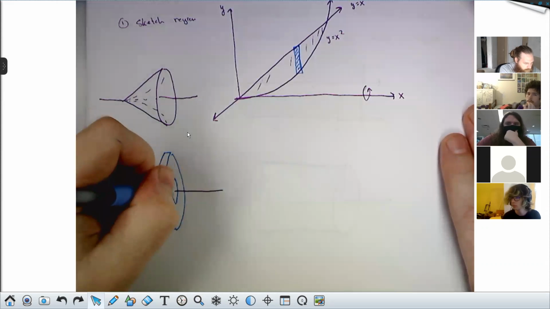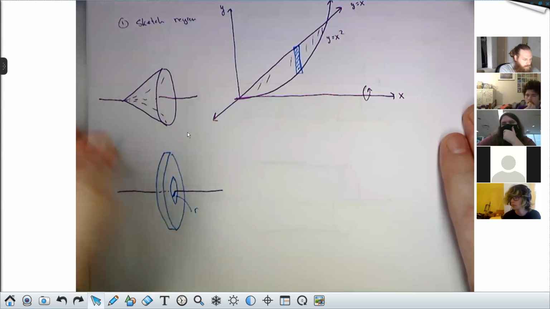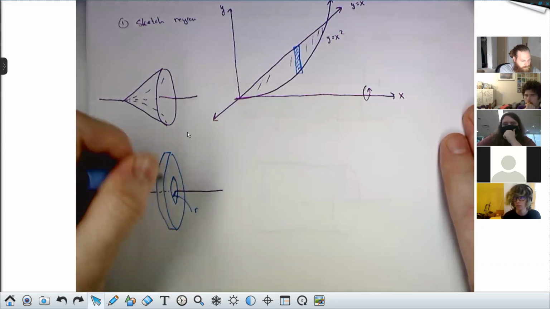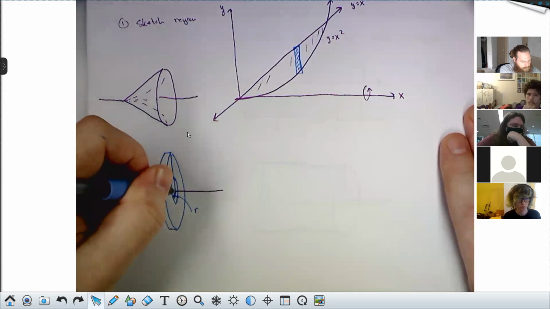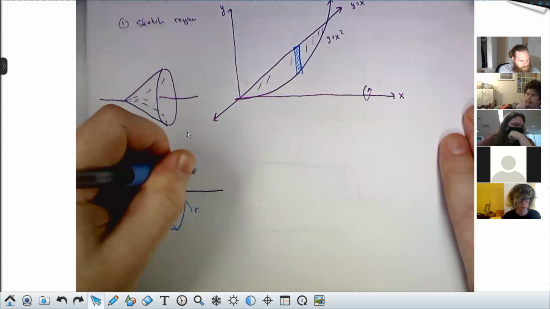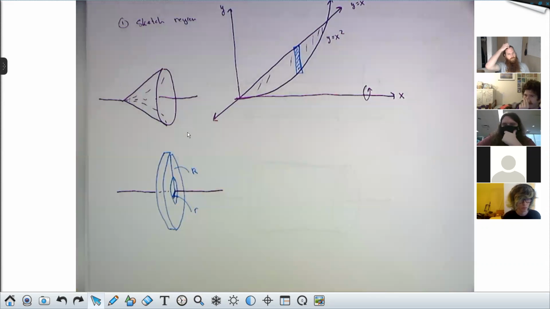It has this inner radius, which I'll label as little r, and this outer radius, which I'll label as big R. So little r is the radius of the gap, and big R is the distance from the axis of rotation all the way out to the edge of my washer.